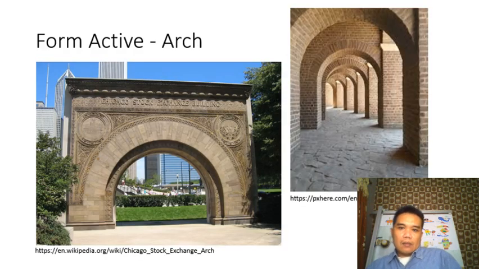The next example of form active is an arch. From the previous video, we found that this arch was actually the original wide span structure from masonry materials.